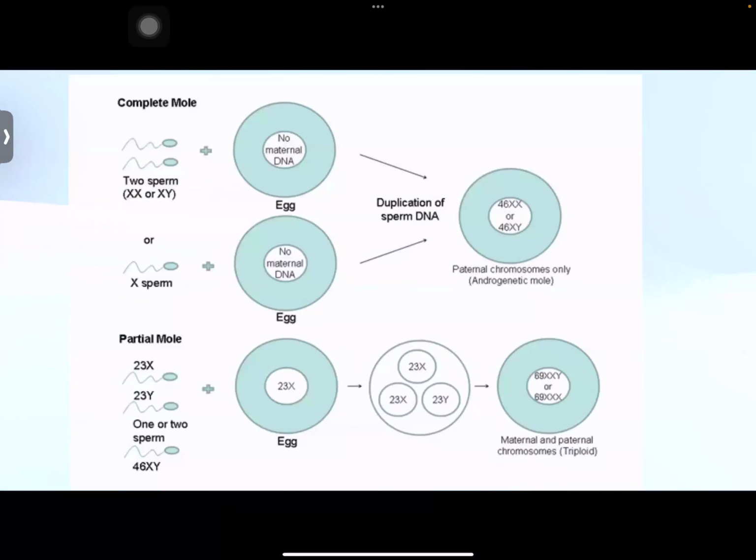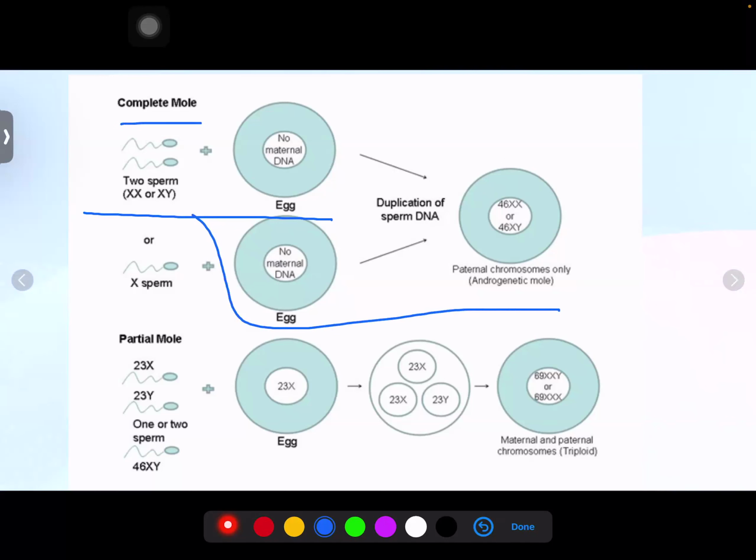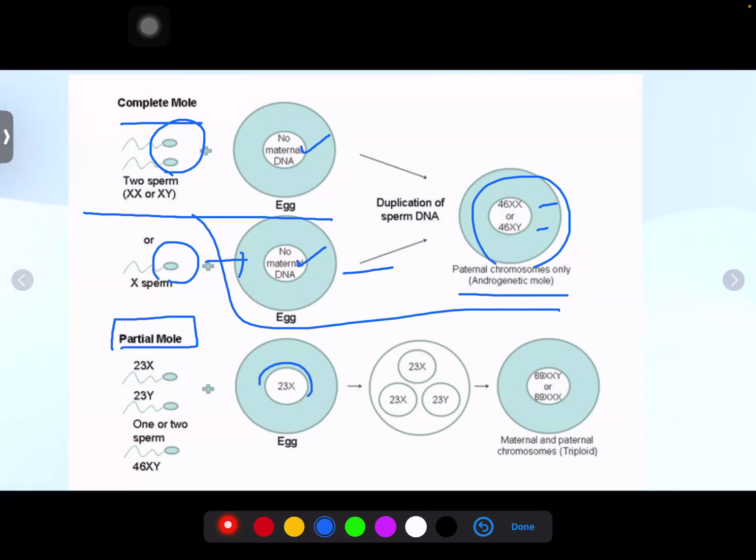If you see this diagram, the first two are complete mole. In complete mole, we have told that there is no maternal DNA. If one sperm goes in and duplicates, it means 46XX or 46XY. Now in partial mole, the egg also has a 23 set of chromosomes, one set of chromosomes, and one sperm or two sperm, okay?